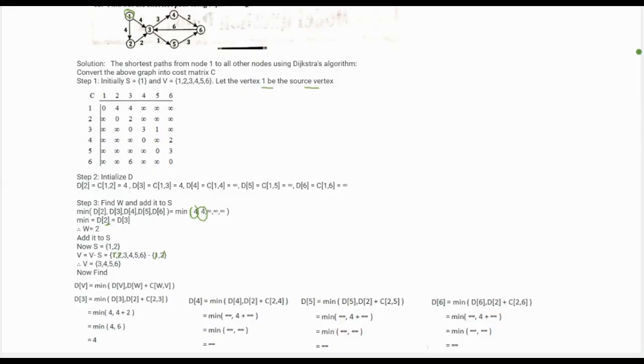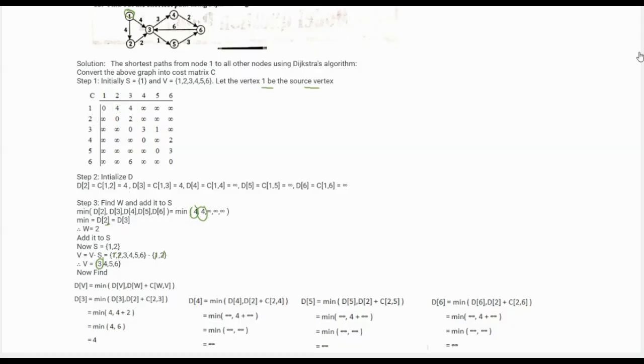D3 is the minimum of D[3], which is 4, and D[2], which we already found as 4, plus C[2][3], which is infinity.